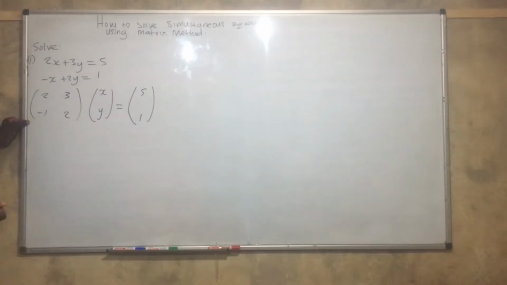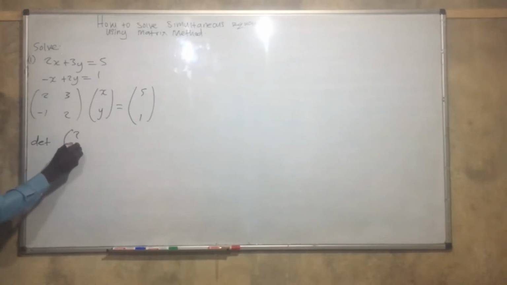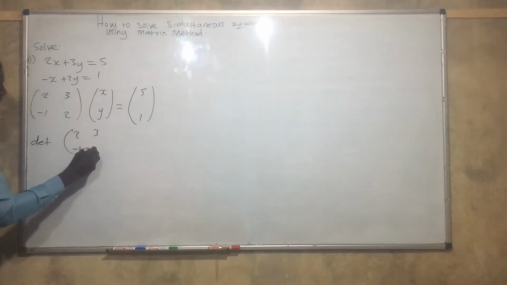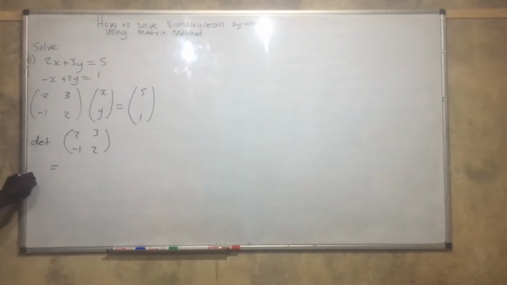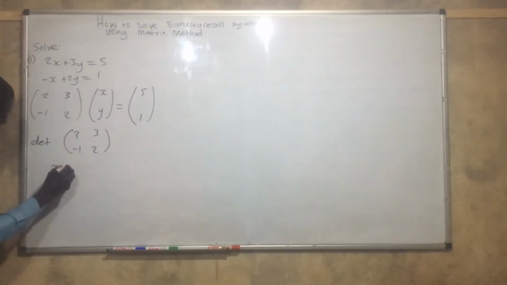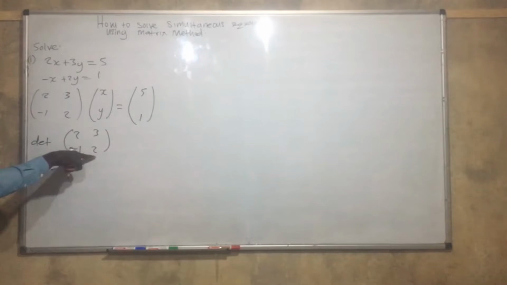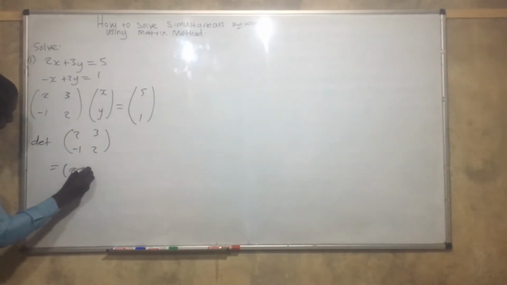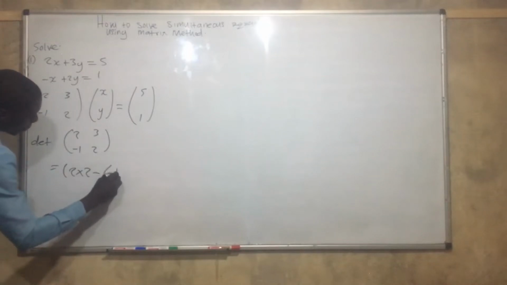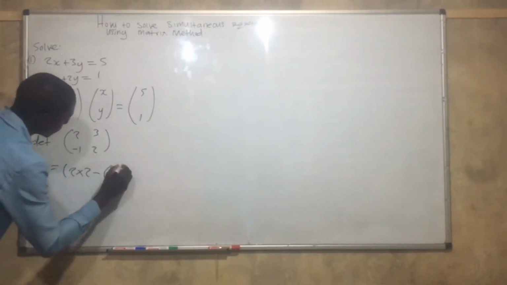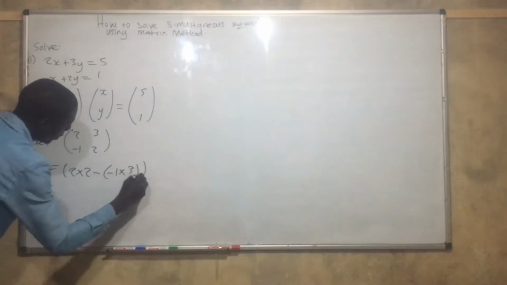First we are going to find the determinant of the matrix. The determinant of 2, negative 1, 3, 2 is found by multiplying the major diagonal minus the minor diagonal, which is 2 multiplied by 2 minus negative 1 multiplied by 3.